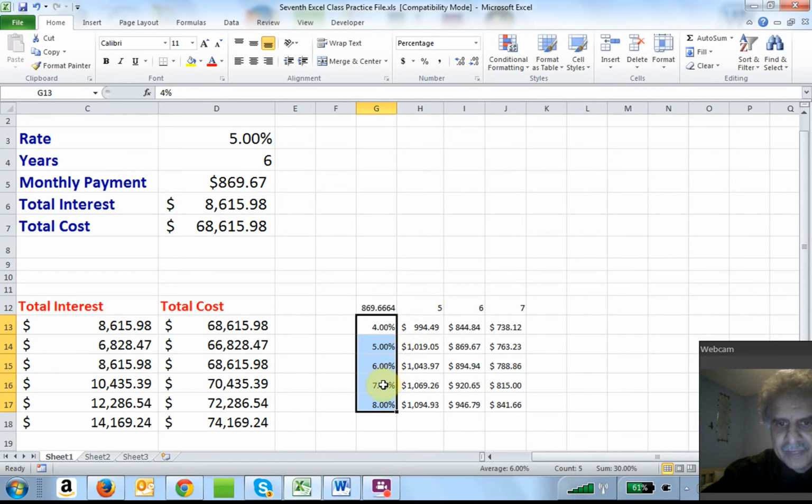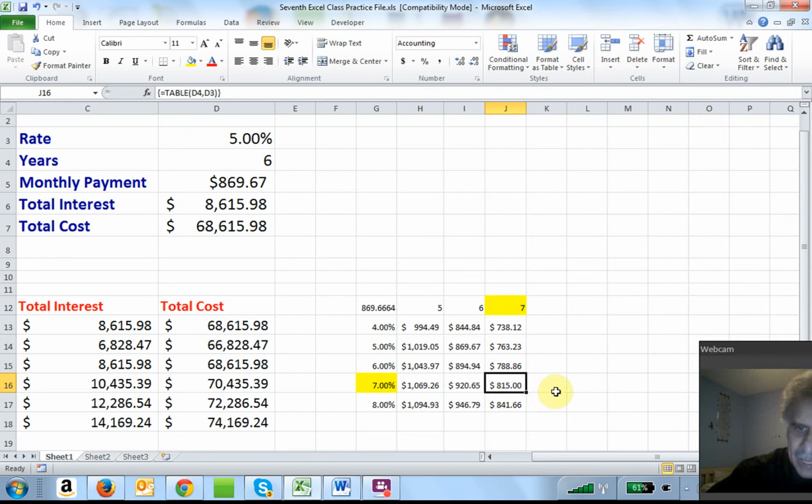For example, if interest rate jumped to 7%, and the number of years would be 7 years, I'm sorry, then the monthly payment is going to be $850.